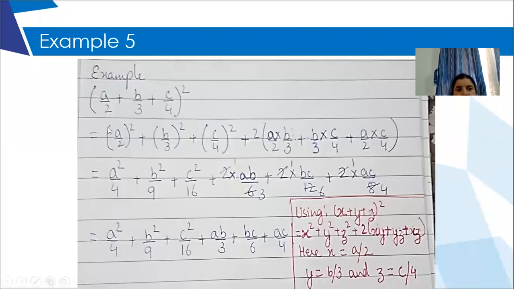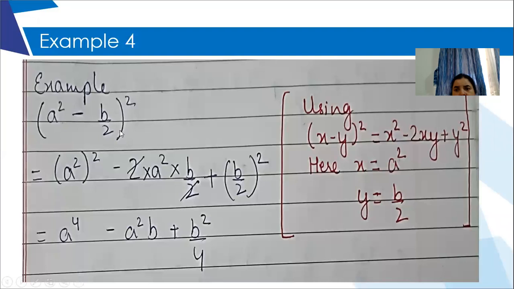Now look here. Please note it down. Application of correct identity is very important over here, children.